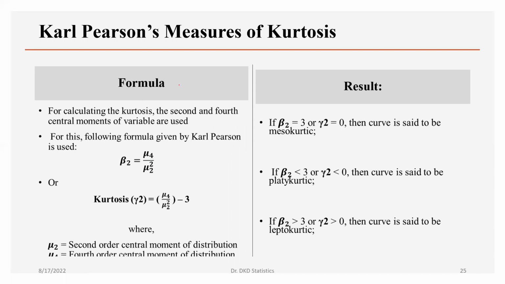First, the formula we need to remember for calculating kurtosis uses the second and fourth central moments, which we have already discussed in measures of skewness.